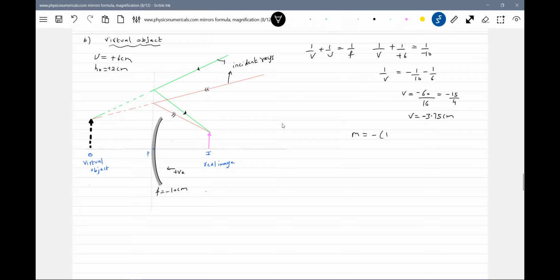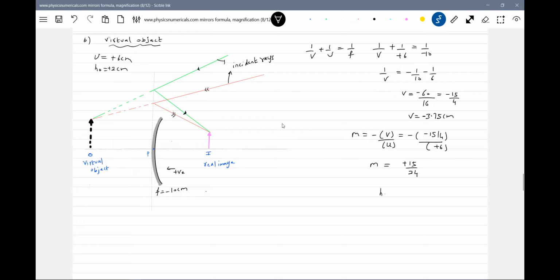Then linear magnification. Object distance is +6, so it will be diminished. You can see from here 15 by 24, or plus 15 by 24. It will be less than 1 and it will be erect.